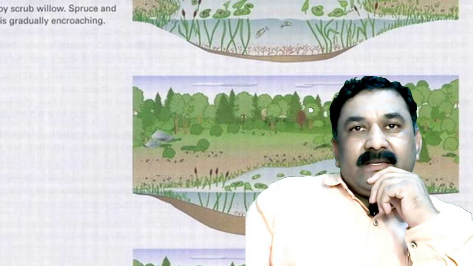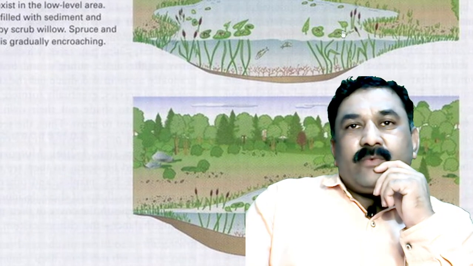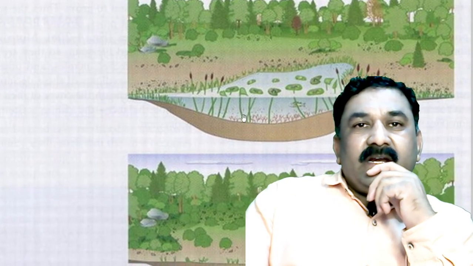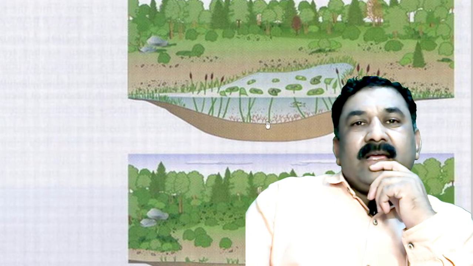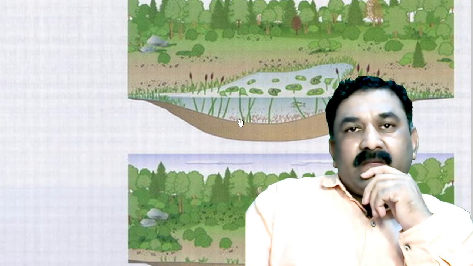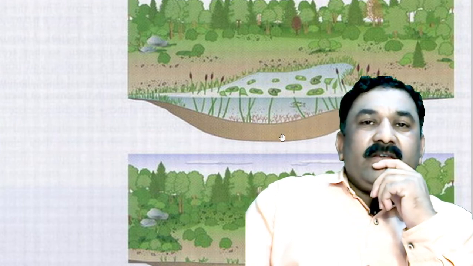Look at this. Here there was a very small amount of lotus, but here there is a greater amount of plants, and some new plants are coming out of the soil. And finally, look at this final stage wherein the soil is coming to the surface.